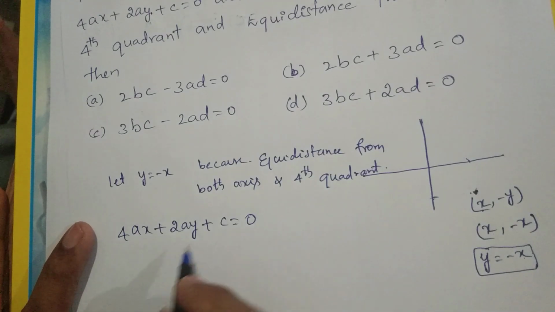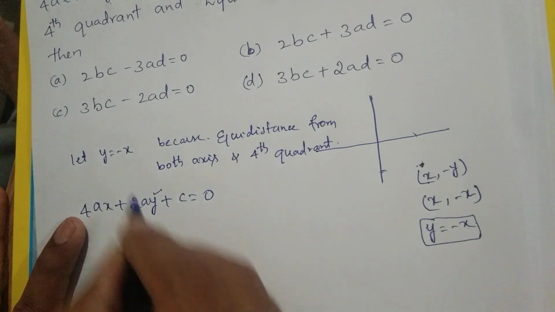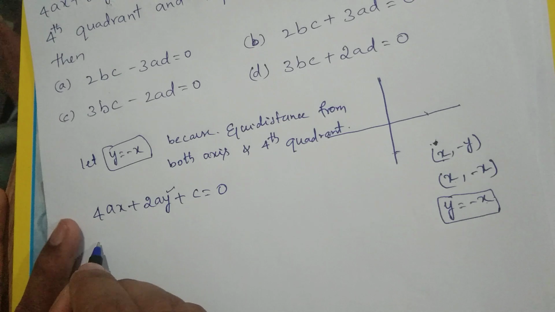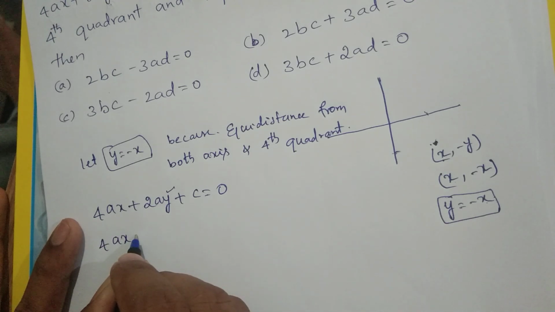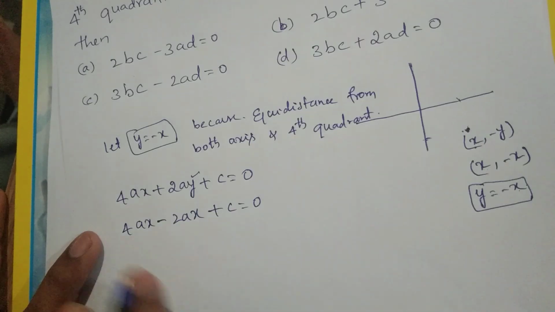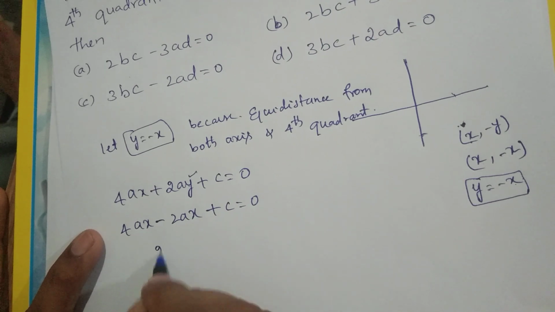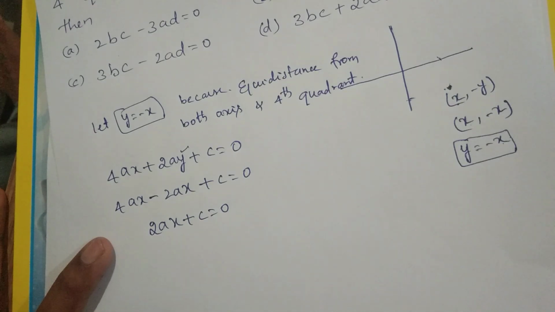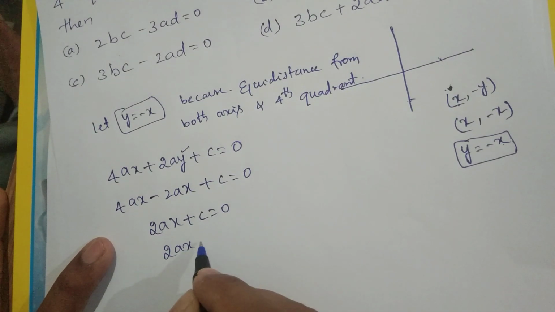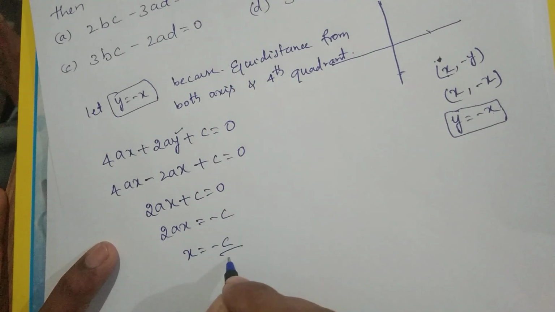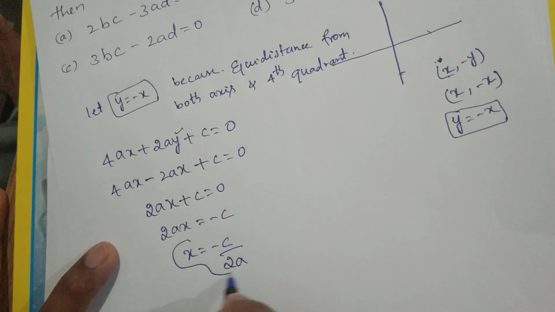Now in the place of y, I will fill minus x. 4ax minus 2ax plus c is equal to 0. 4ax minus 2ax is 2ax, plus c is equal to 0. Now 2ax is equal to minus c, then x is equal to minus c by 2a. This is the x value.